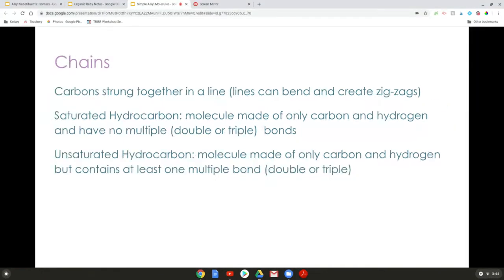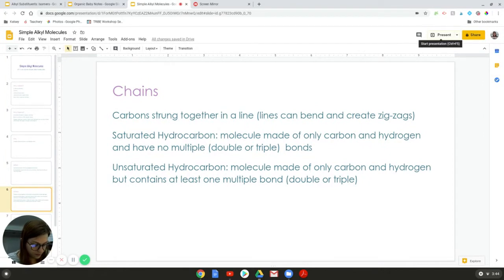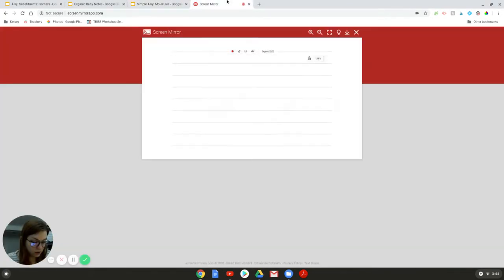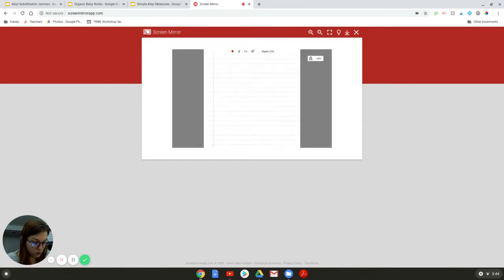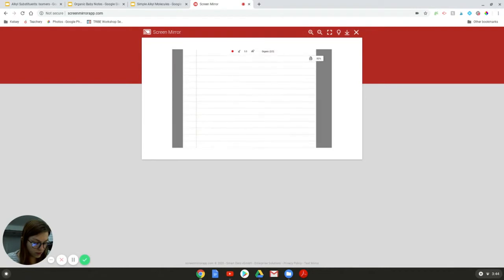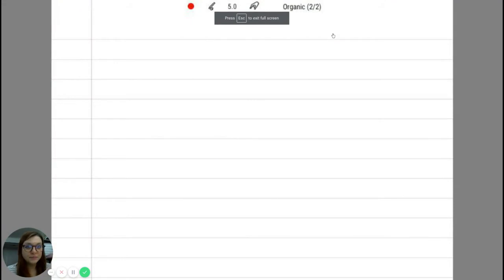I kind of want to show you a picture of this. Let's go back here. Sorry, I'm not very good with this app here. So if we were to look at a saturated hydrocarbon, let's say we were looking at butane, that's lighter fluid, right?